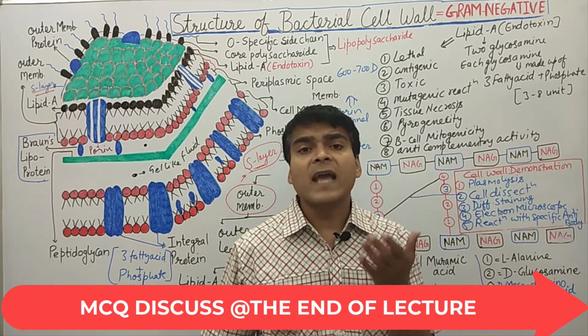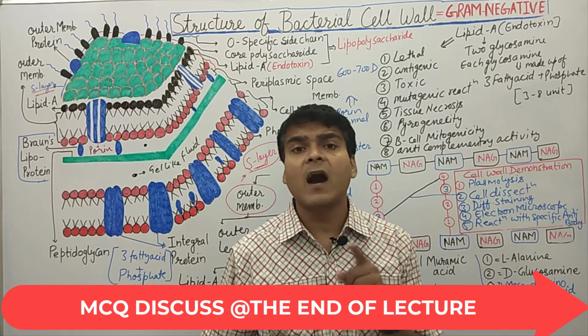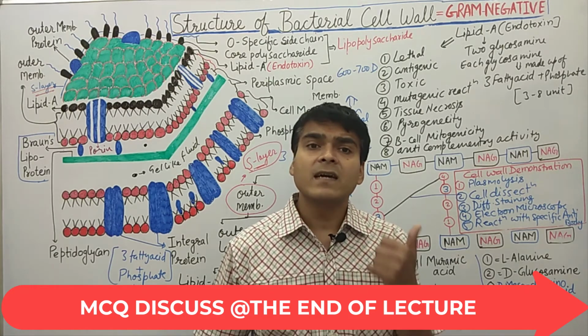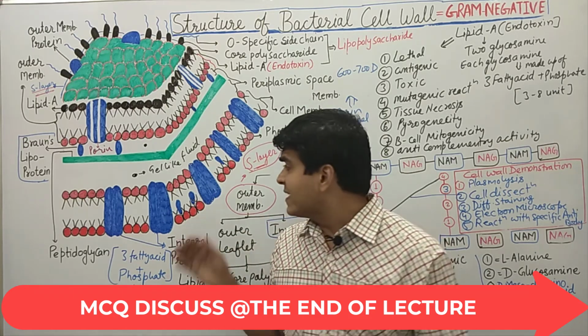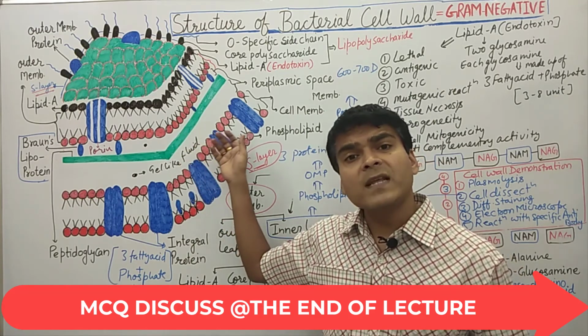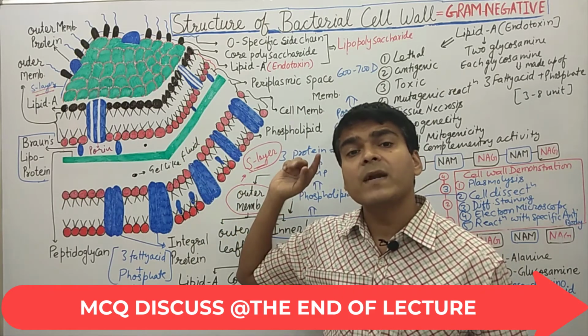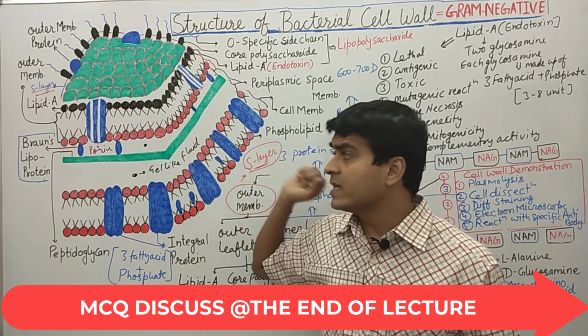Another point is that we do not find any kind of teichoic acid or lipoteichoic acid in gram-negative bacteria. However, both acids are present in gram-positive bacteria. Another important thing is the periplasmic space. Periplasmic space is not present in gram-positive bacteria, but in gram-negative bacteria we find a large amount of periplasmic space.